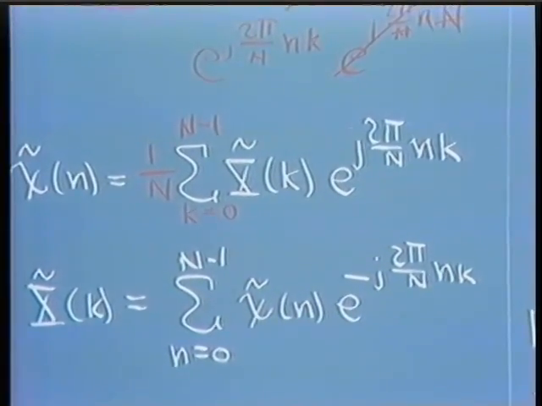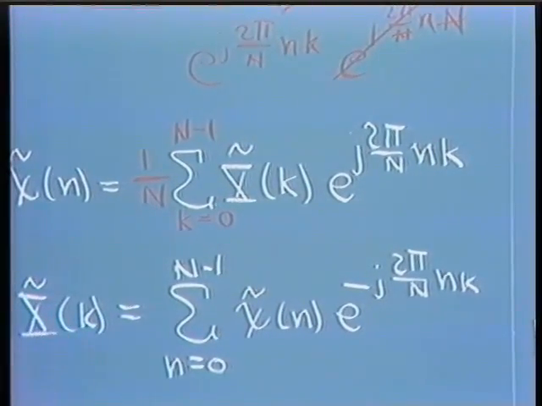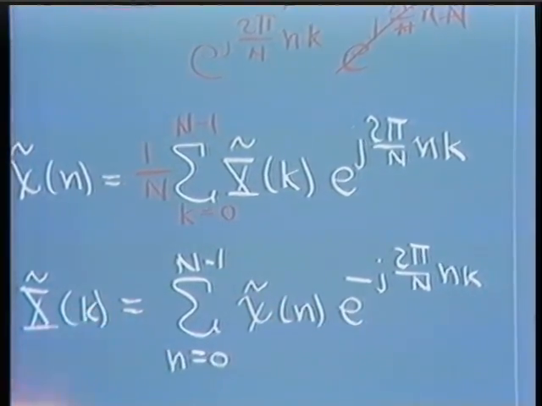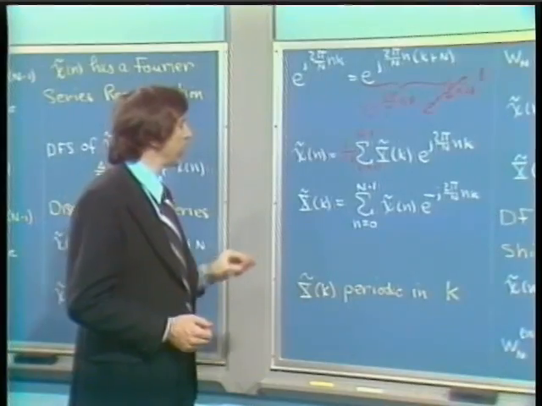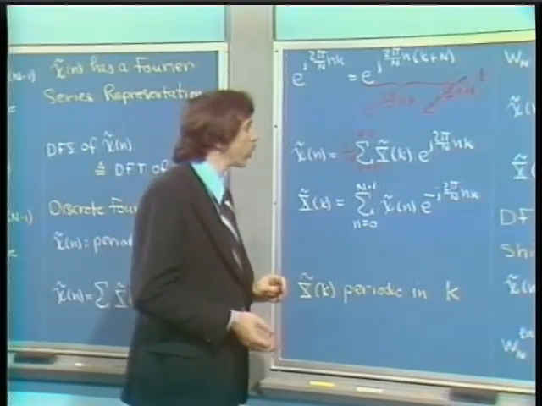Well, it turns out to be convenient to interpret the Fourier series coefficients as being periodic in k. In fact, the relationship as I've written it here makes it evident that the coefficients are periodic.